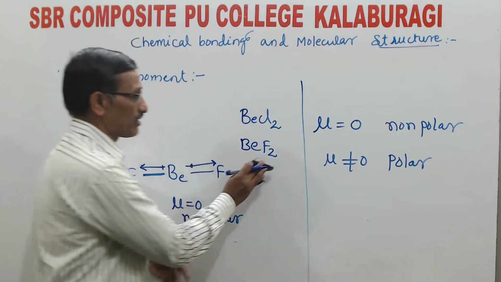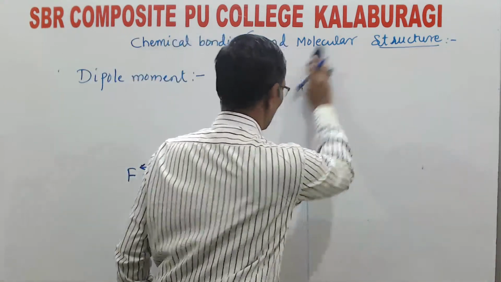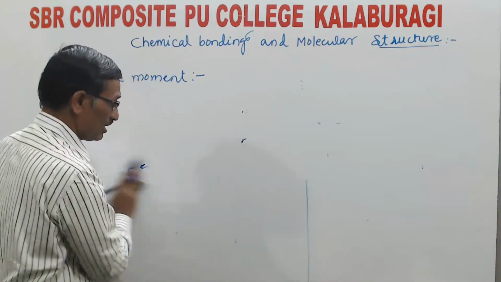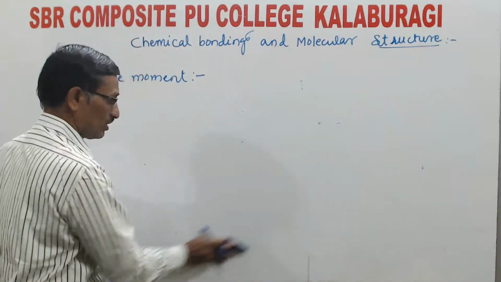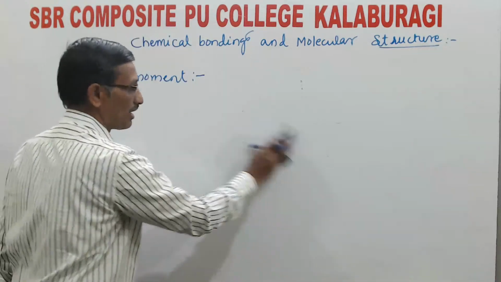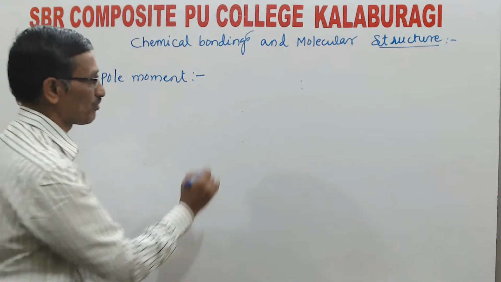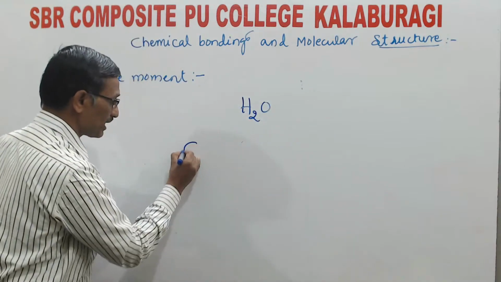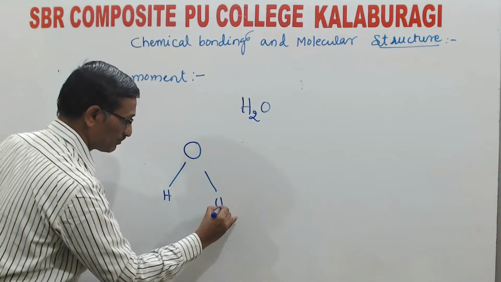Even if you take the water molecule, I will go through the water molecule. See what happens in a water molecule, H2O. All these are polyatomic or heteroatomic molecules because different atoms are there in that molecule. That one you have to remember. H2O, student. Okay, this is the oxygen atom. Again, hydrogen atom, hydrogen atom.